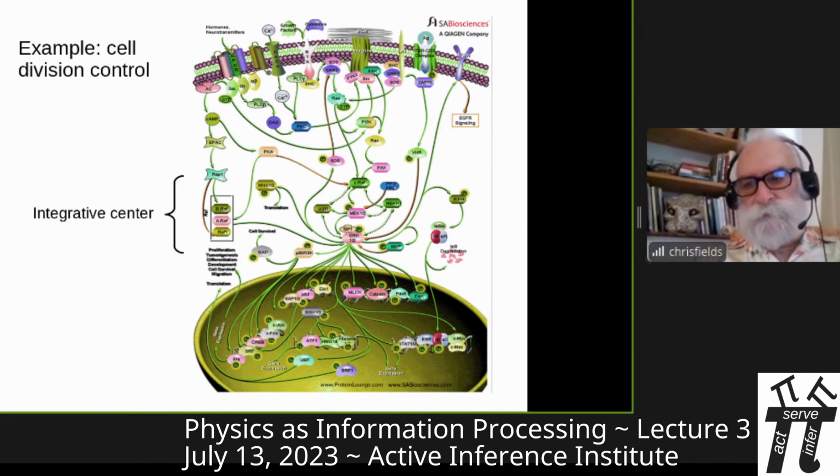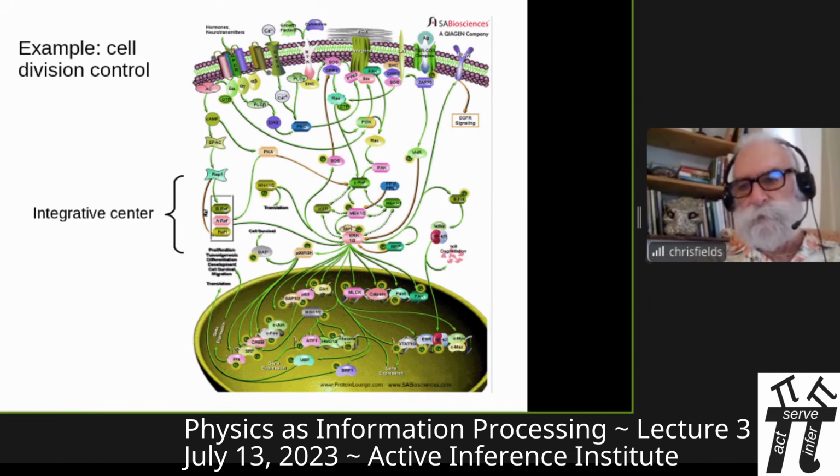And what this reference frame does is control the transcription of large numbers of molecules from DNA. So it basically controls what proteins the cell is making. And those proteins end up doing something like restructuring the cytoplasm and actually driving cell division.